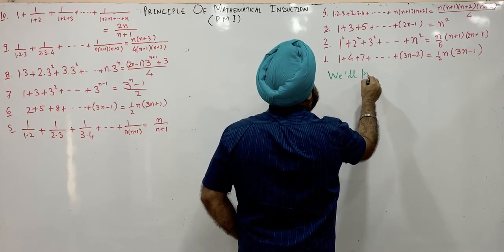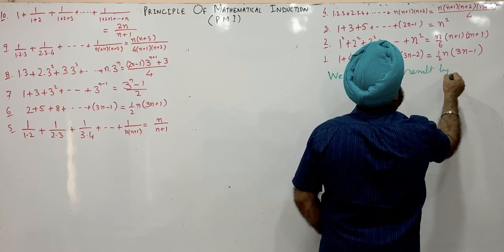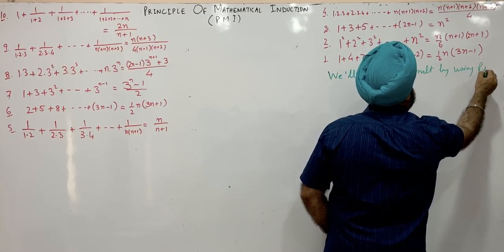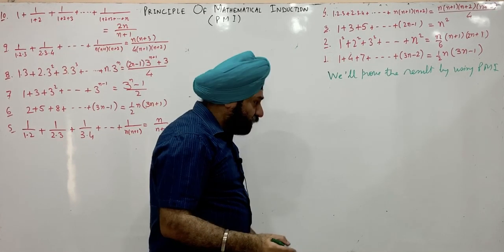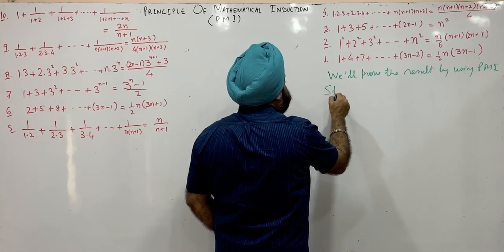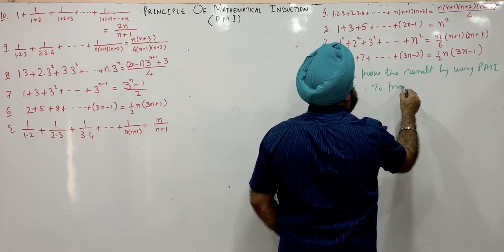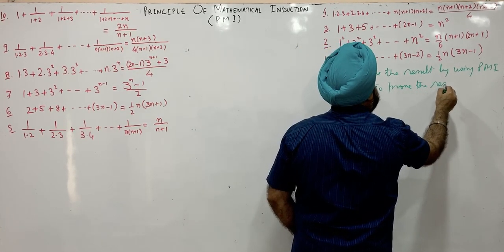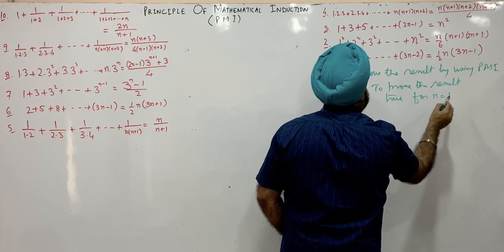We will prove the result by using principle of mathematical induction, PMI in short. And there are three steps, Step 1. Step 1 is to prove the result true for n is equal to 1.